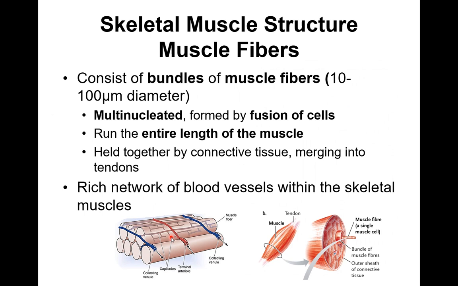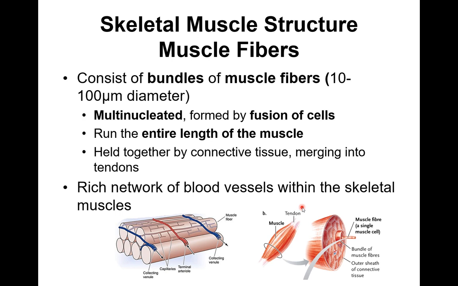Now let's look at the structure of any skeletal muscle. Imagine you're taking a full muscle like this one and you slice it. Inside you will see hundreds of muscle fibers. Muscle fibers are very thin and long structures which correspond to a single cell, which is the product of the fusion of several cells.